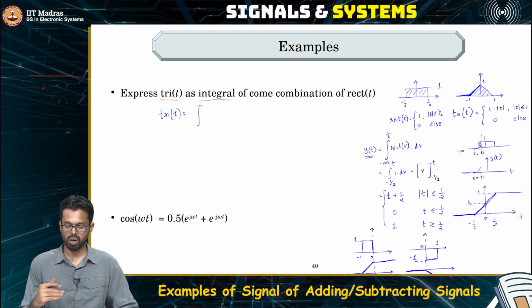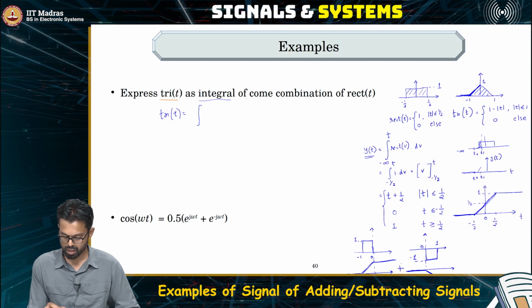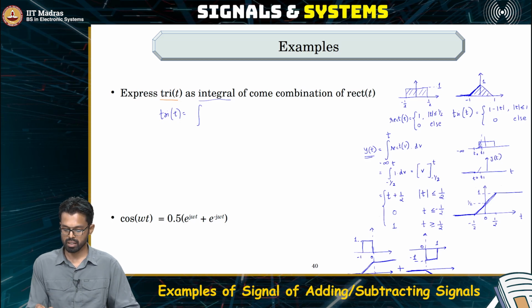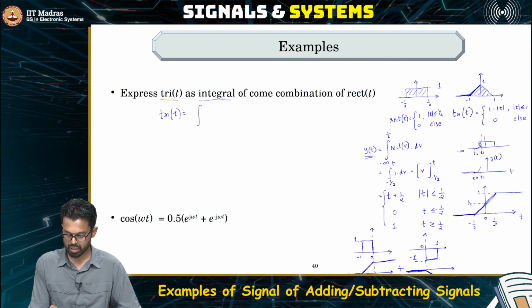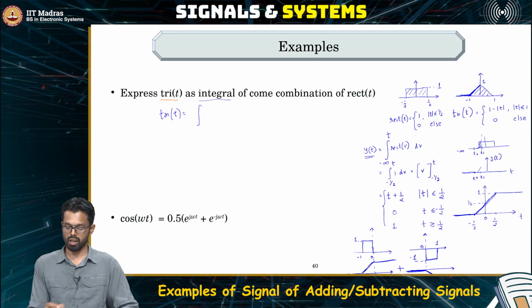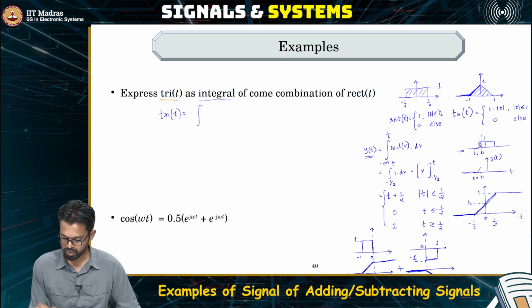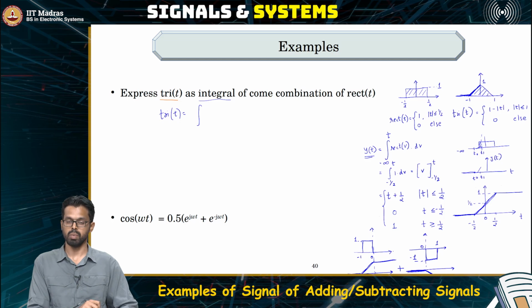Now if we add these two, what do we get? The left hand side for this signal is 0, so the left hand side of the other signal will stay as such, and the right hand side is the region where it gets added up. Wherever there is minus 1, it just cancels this plus 1.